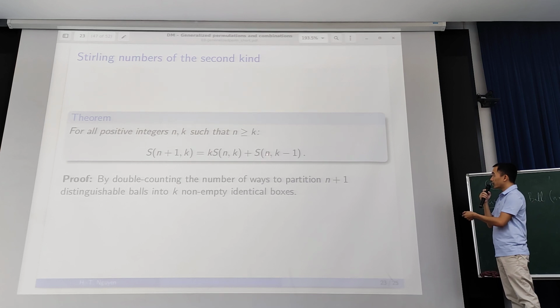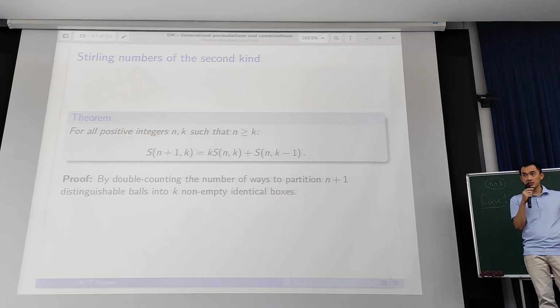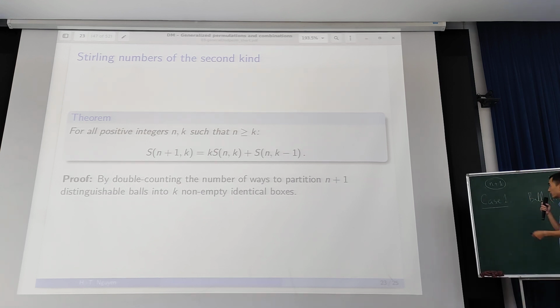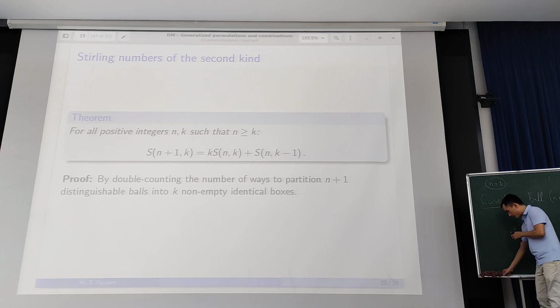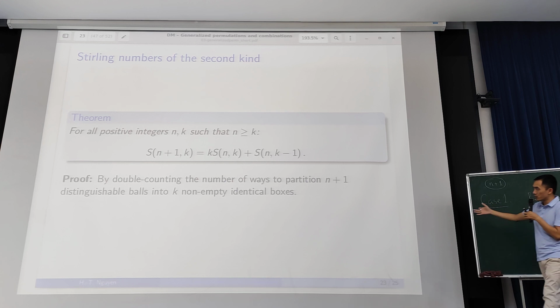So we have n other balls and k minus 1 other boxes. Okay? So this case will give you the second term. So one way to put n plus 1 balls into k boxes so that the ball n plus 1 is in a box containing only that ball is in fact equal to the second term, S(n,k-1).